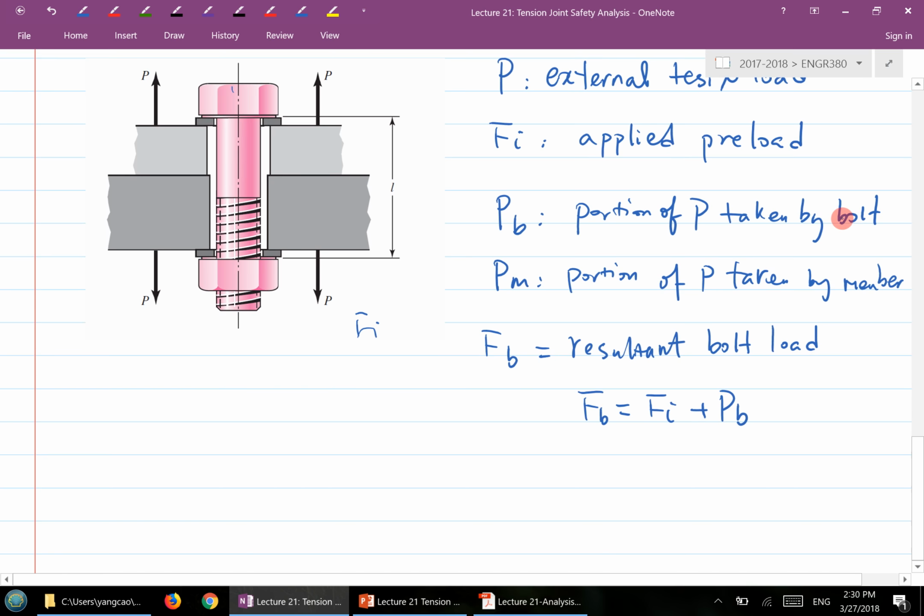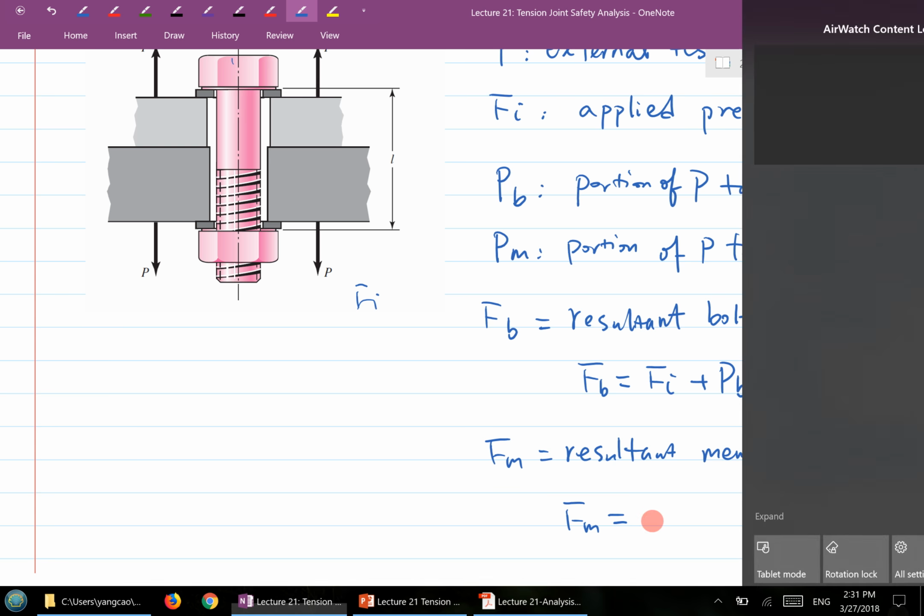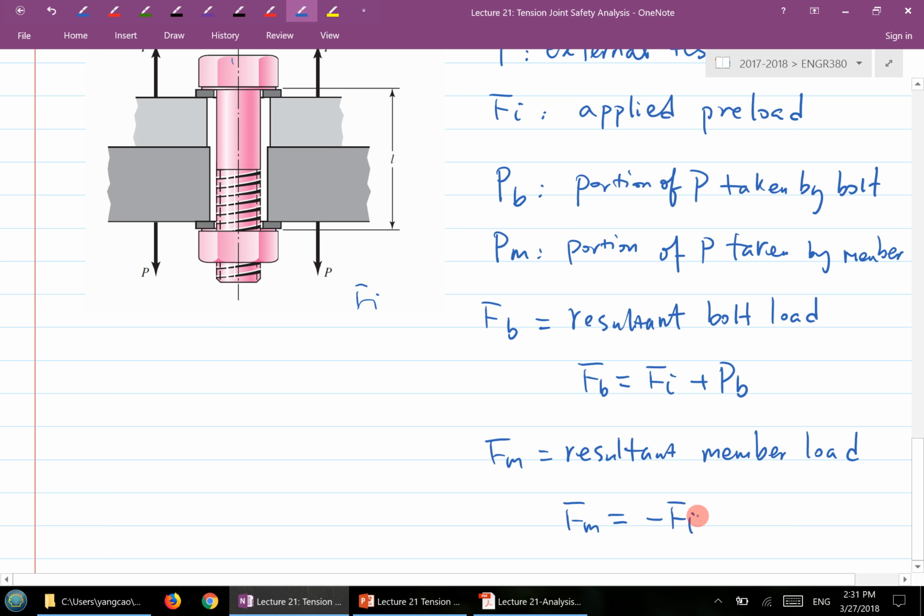Similarly for the member, let's define Fm. This is called the resultant member load. What would that equal? Initially, how much load is on the member? Fi, which is a compressive force, so it's negative Fi.